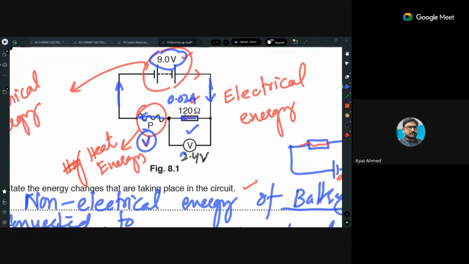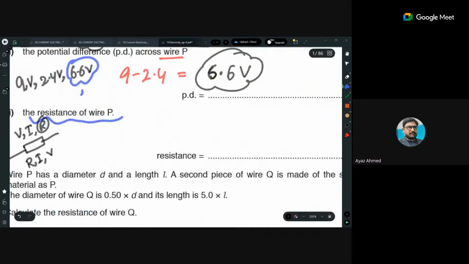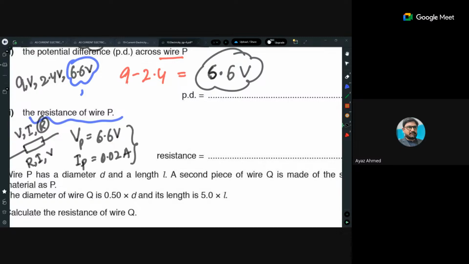So the same would go through that one. So I will just consider my values: V across wire P is equal to 6.6 volt, and current in wire P is 0.02 ampere. So out of three, you got two values for that component.